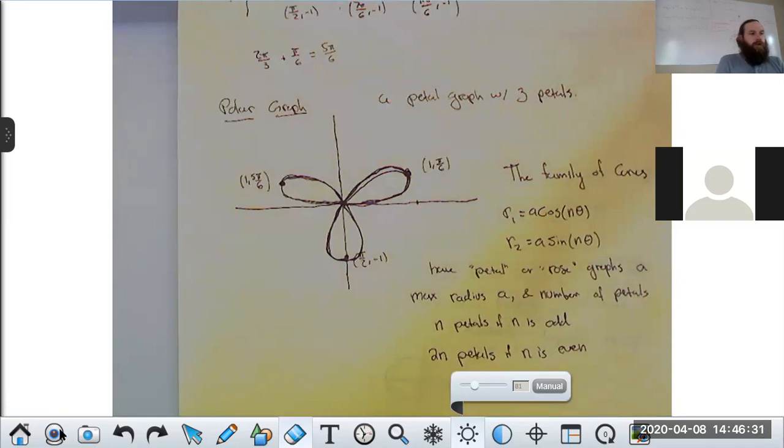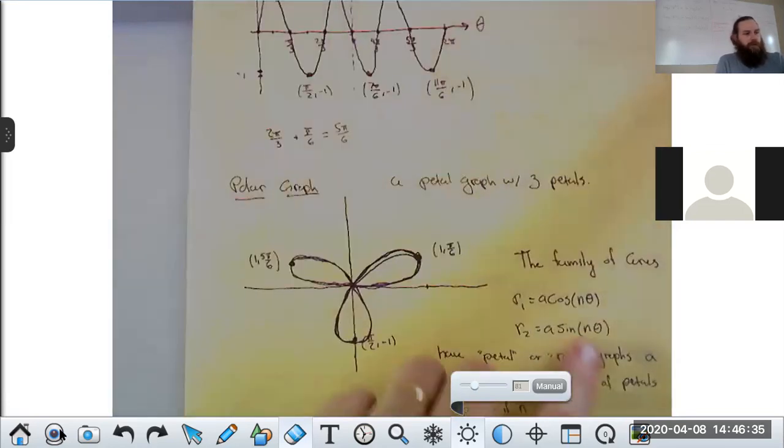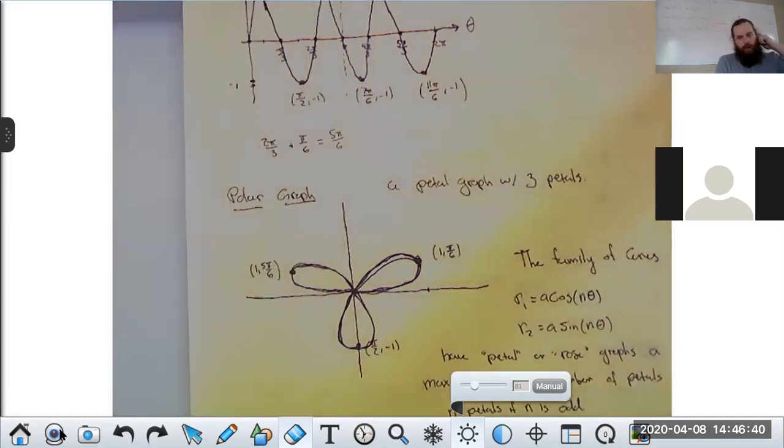But if you have an odd coefficient n, then the period of that function doesn't correspond to nice, clean geometric regions in the polar coordinate space.